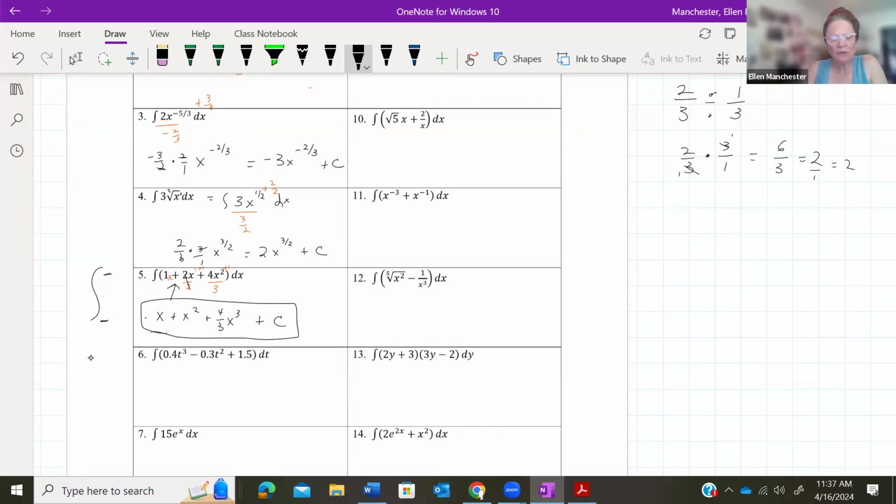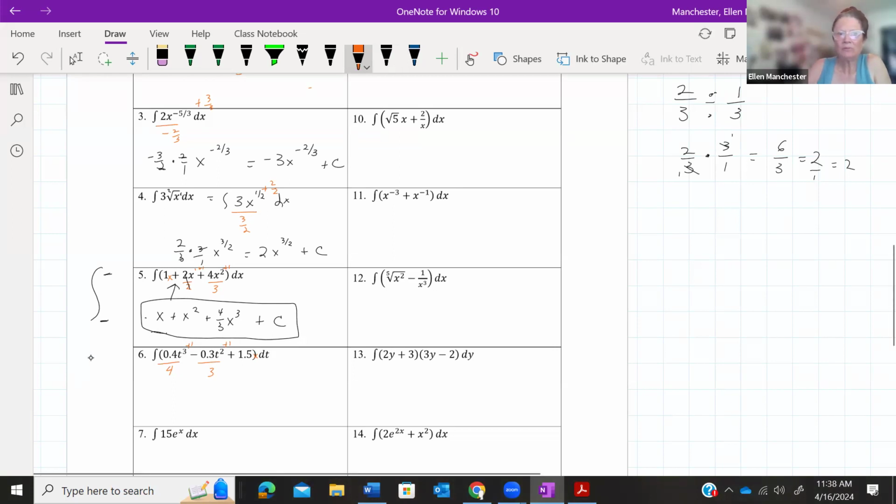Okay. All right. Last one. So even if there's decimals, doesn't matter. The process is the same. We're going to add 1, divide by the new exponent. Here, I'm going to add 1, divide by the new exponent. This is a constant, so I'm going to add an x.